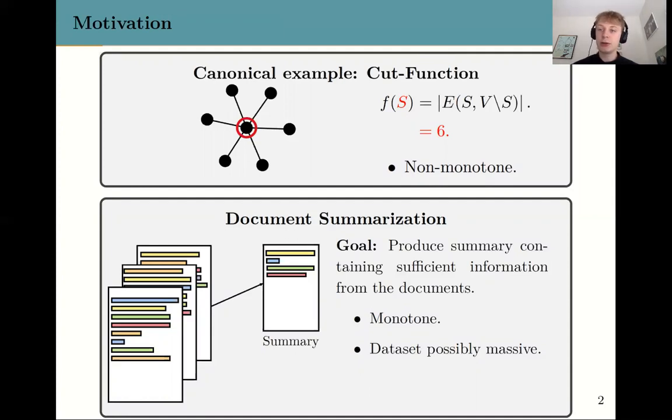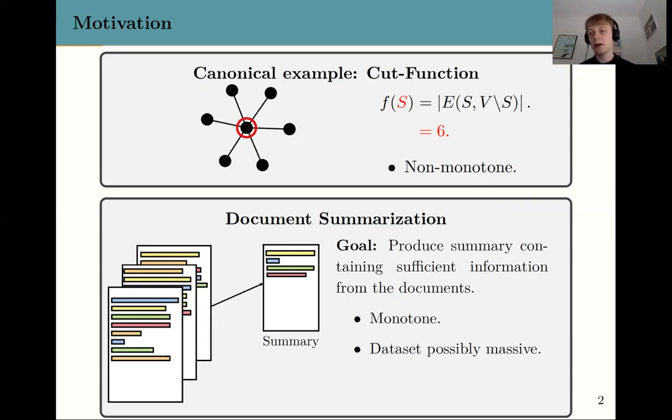Now related to machine learning, submodular functions have gained interest. In a document summarization task, the goal is to produce a summary that contains sufficient information from the document. For example, you would take snapshots of some videos that would summarize the video, or in this example, you have a pile of documents, let's say a research article, and you want to select sentences or words that summarize the research paper that you were reading.